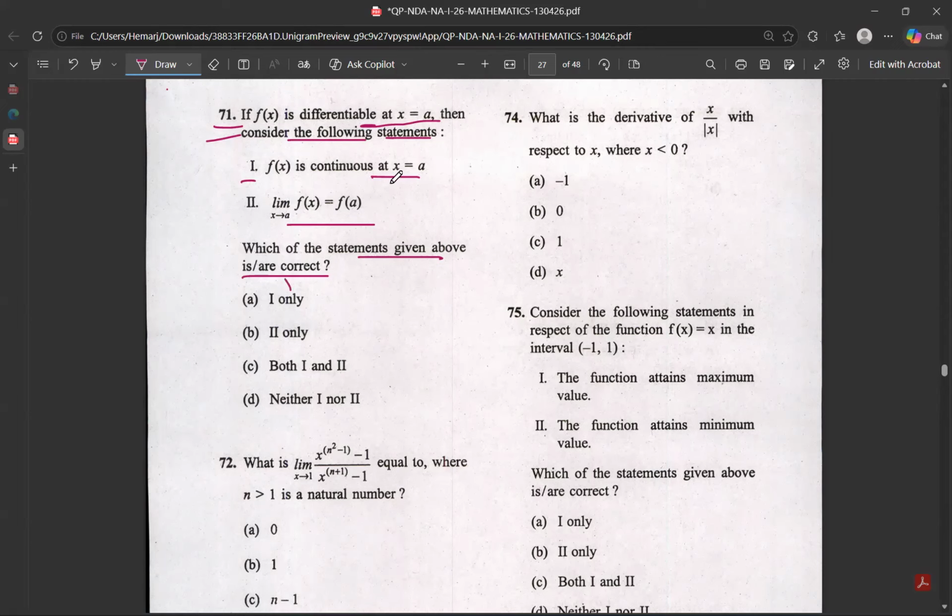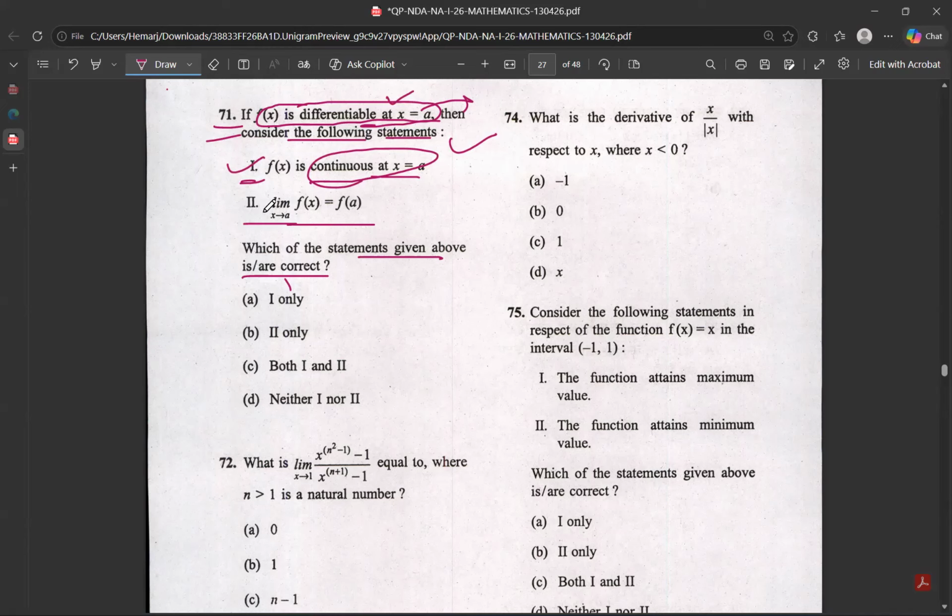So f(x) is a continuous function. What is given? f(x) is a differentiable function. If a function is differentiable, the first condition is that the function has to be continuous. So if it is given that the function is differentiable, it is a must that the function will be continuous. So statement 1 is totally true.